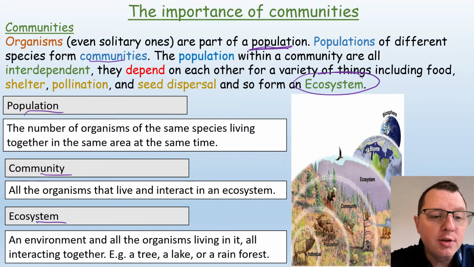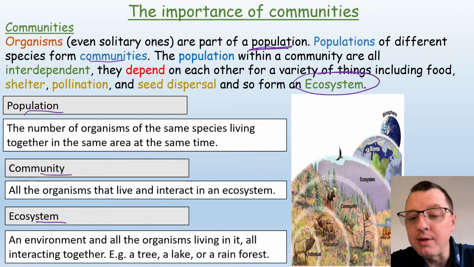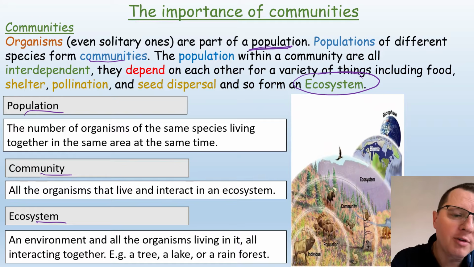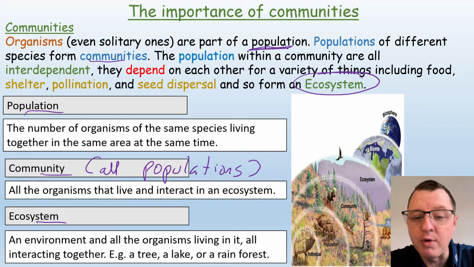The population is the number of organisms of the same species living together in the same area at the same time. A community is all the organisms that live and interact in an ecosystem. So in effect, a community is all the different populations of the different species within your area.